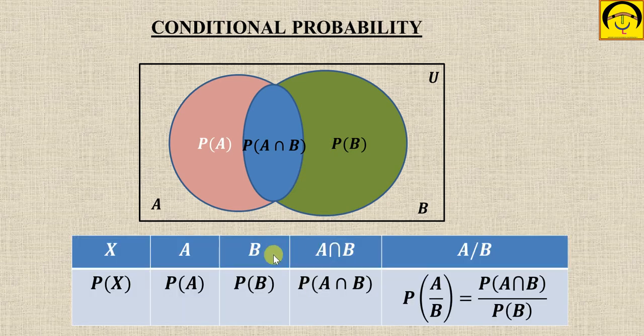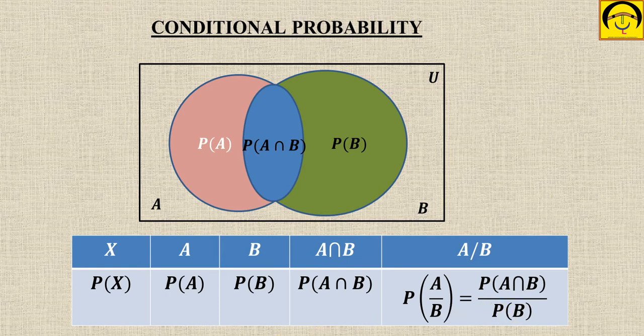We can see from this table that we have event B whose probability is P(B), and probability of A is P(A). Then the probability of A given B is nothing but P(A ∩ B) divided by P(B).